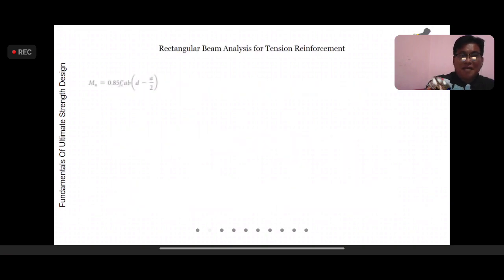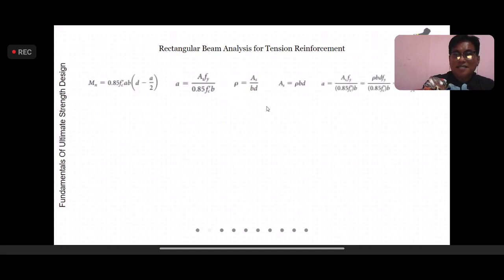For the rectangular beam analysis for tension reinforcement, reminder lang doon sa process, sa algorithm natin, so that will be 0.85 fc prime ab, nominal moment. Alam na natin yan. Yan yung steel ratio. Yan yung kukompute na alala nyo sa steel ratio analysis natin. So this will be that one. So yung a, makikita mo na kapag ginamitan mo to, ito yung lalabas.